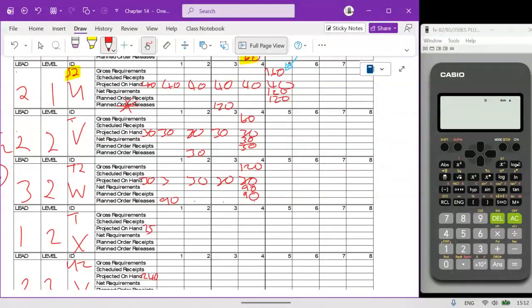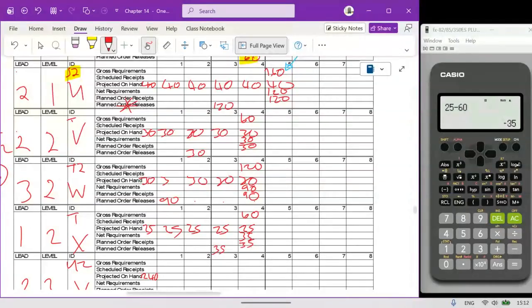X is 60, minus 25, 25, 25, 25. I'd rather do it, I hate being incorrect. 35, 35, and we place an order after a week of 35.